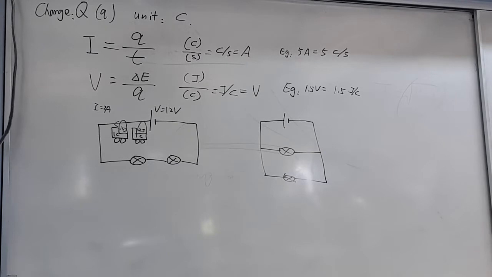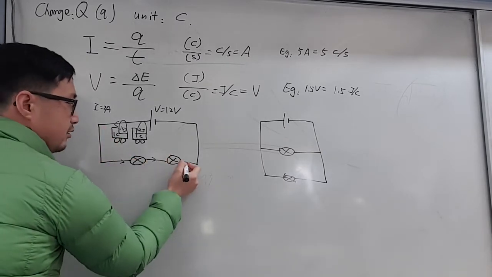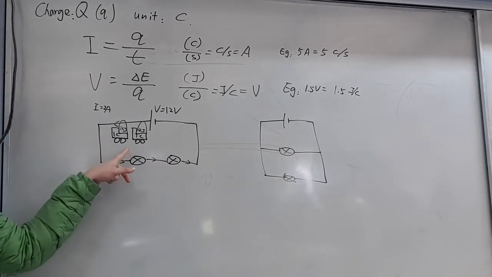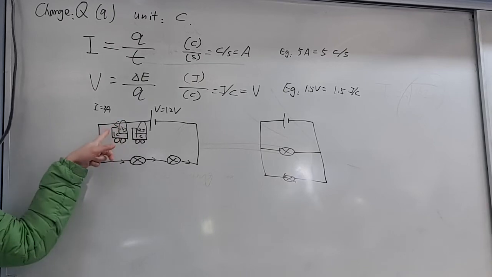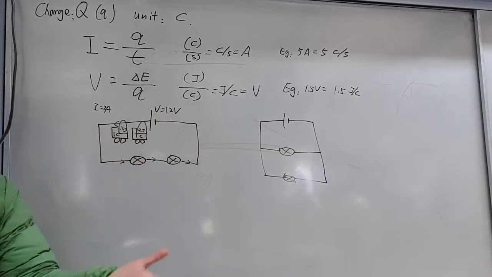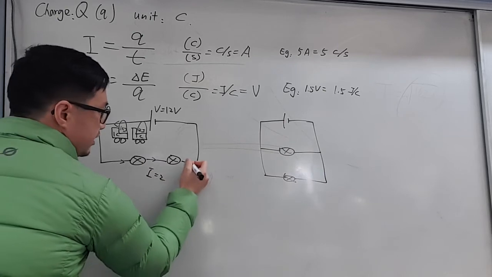Does that make sense? Okay. And this tells you what happens to current. Current stays the same, because current is you counting the amount of electrons. If there are 2 coming out, there will be 2 going through here, 2 going through here, 2 going through here. And the definition tells you how it's going to behave, right? So that's why current is going to be 2 amp, current here is going to be 2 amp, right?